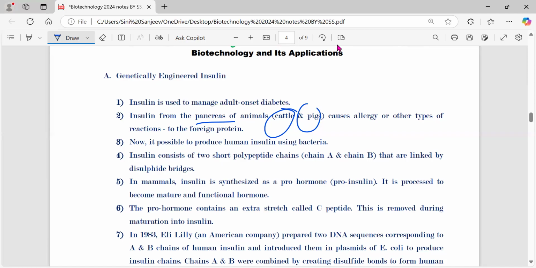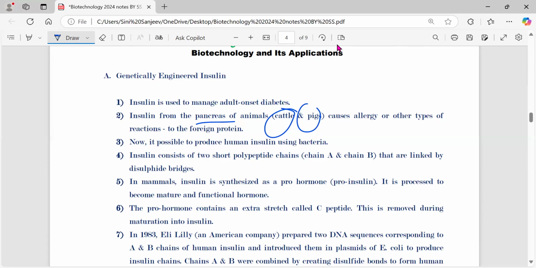We have to protect the cells, or this human, from that particular foreign thing. So initially it will cause what? Allergies, right? In order to reduce this, what they did was use bacteria to produce the insulin.